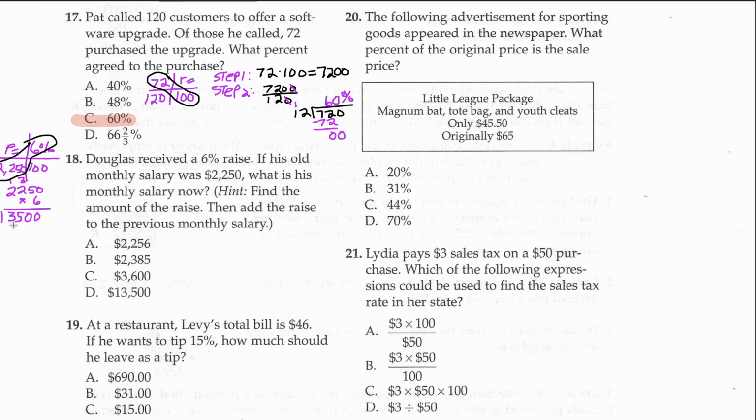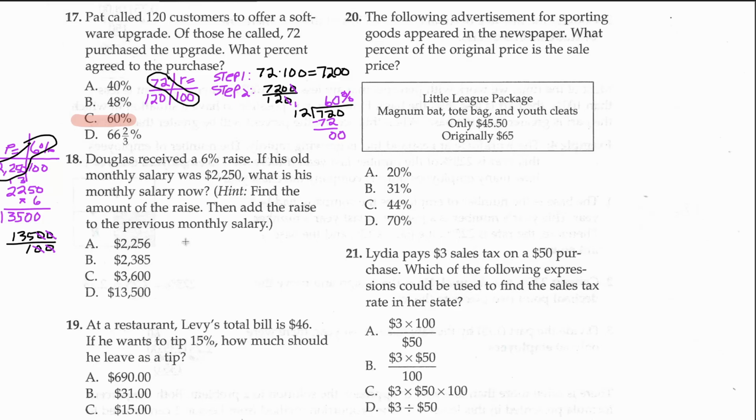And we have 13,500. The second step is to divide 135,000 by 100. That means that we will have to cross out this one with this one with this, and we have 135. So 135, that's the raise.